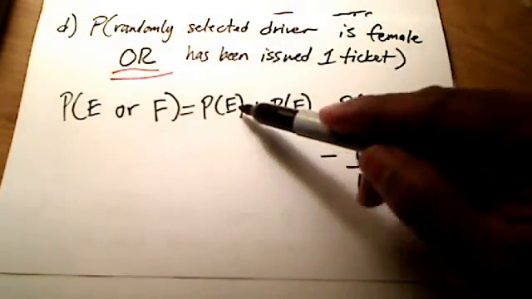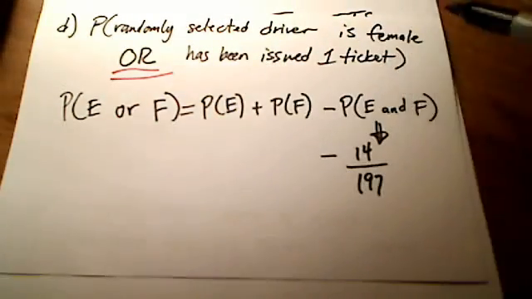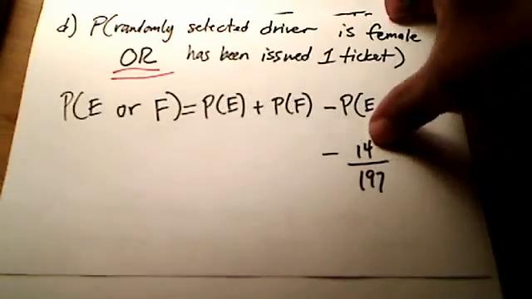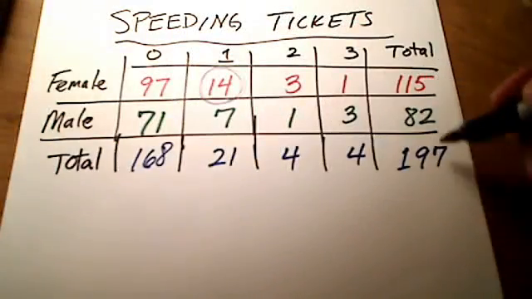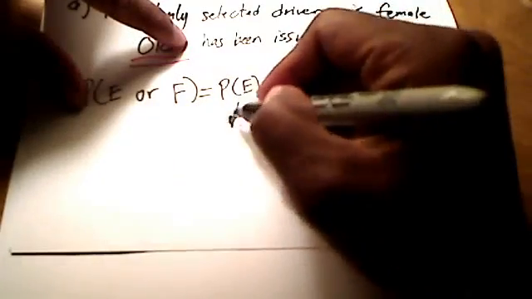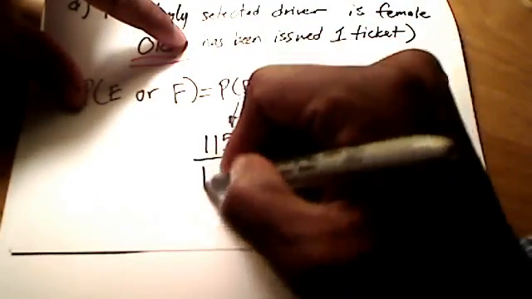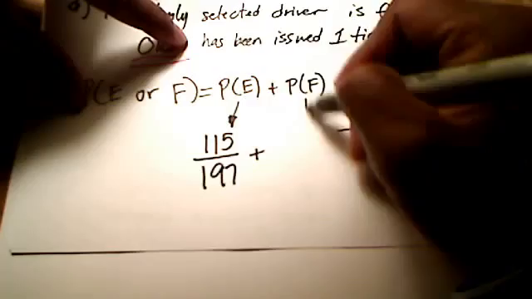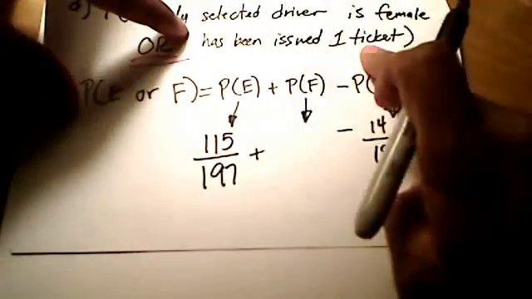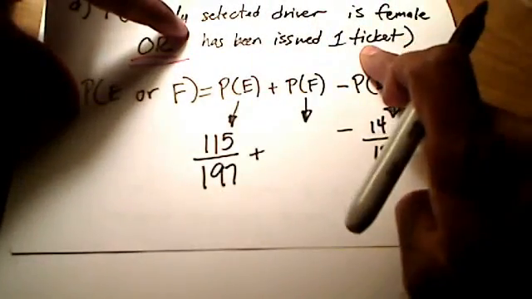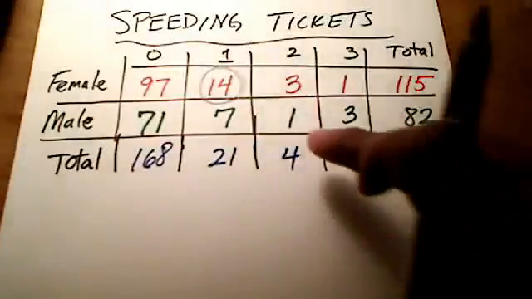Now let's treat E as randomly selecting a female driver, which we found earlier as well. Here are all the female drivers, so that's 115 out of 197. How about randomly selecting somebody who has just been issued one ticket?